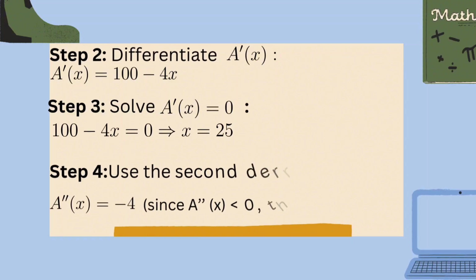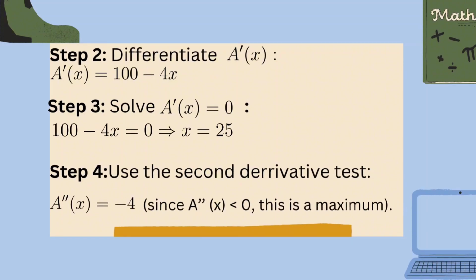For step 2, we need to differentiate the function. Find the first derivative of the function to identify the critical points. Based on the question, differentiating, we get A'(x) equals 100 minus 4x. For step 3, we need to solve for critical points.